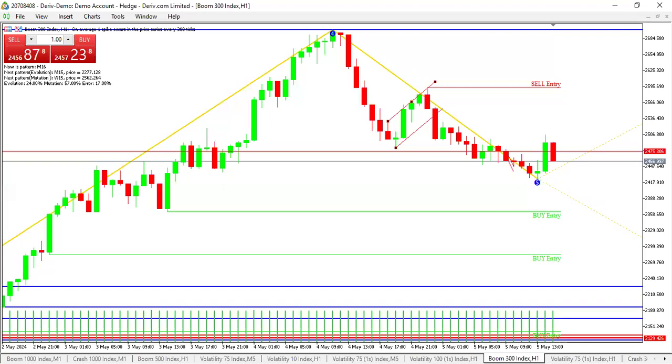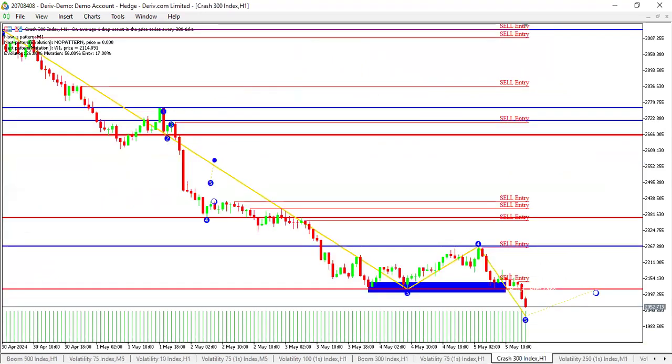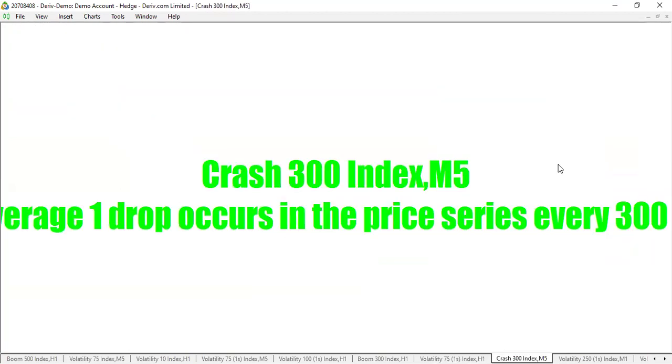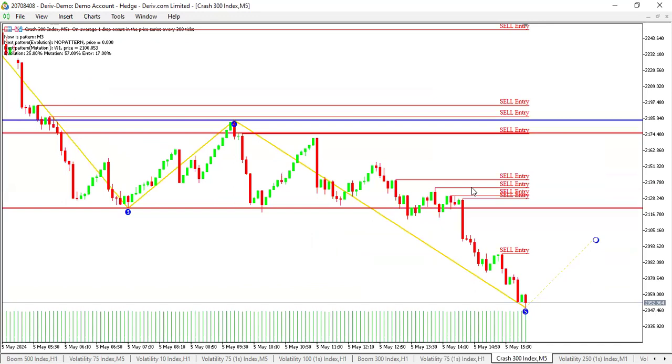So let me check, there's a guy who requested that we should check Step Index. Let me check out Crash 300. Crash 300 seems like it's going down. Let me check.